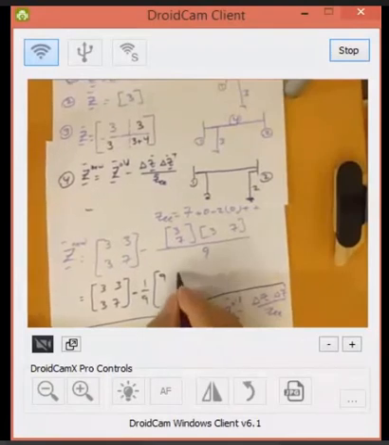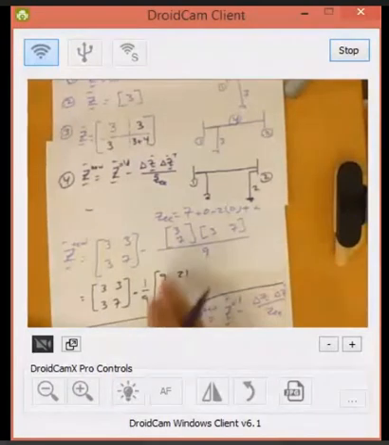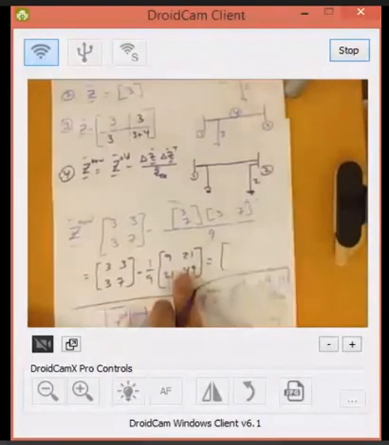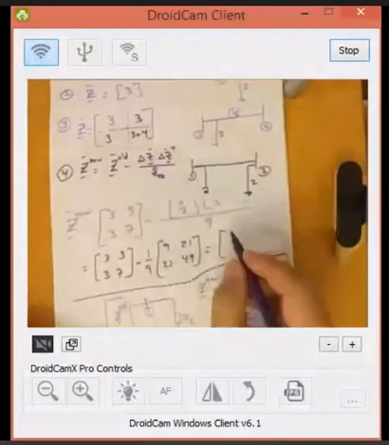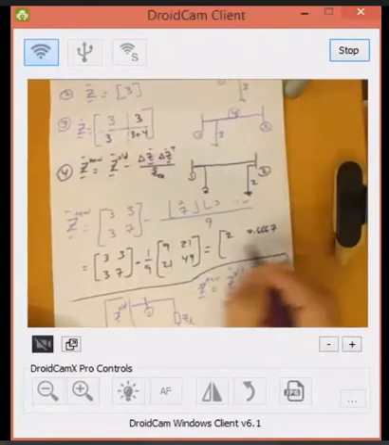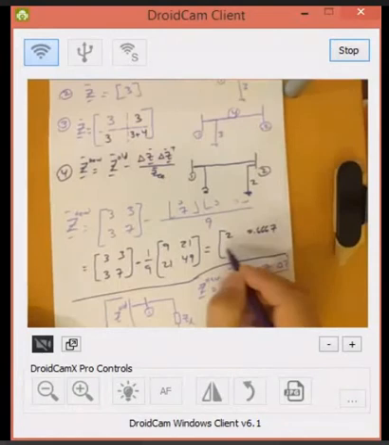If you solve this one, we will see that it is equal to 0.6667, 0.6667, 1.5556. I think this is a bit easy.